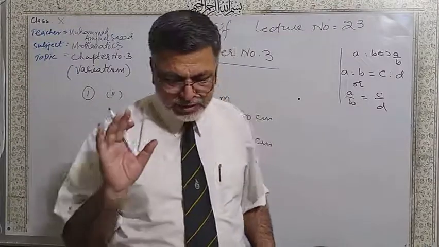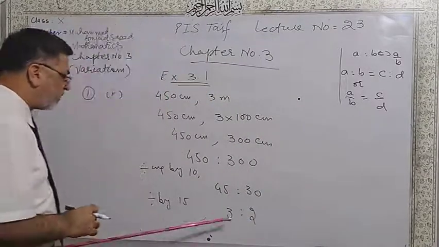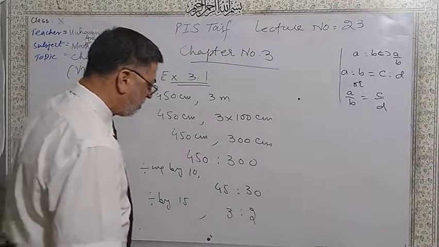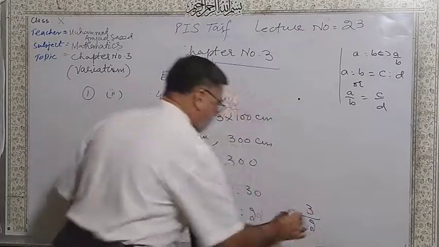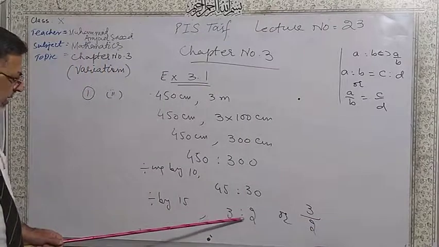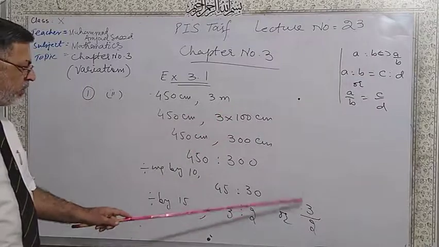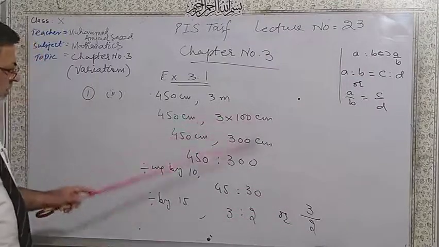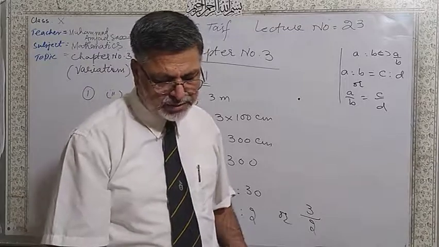It is known as lowest form or simplest form, where you cannot simplify further. So this answer can be written in ratio form as 3:2 and in fraction form as 3/2. Yes students, that is your answer.